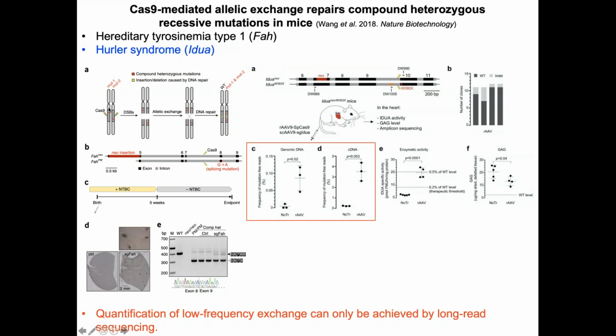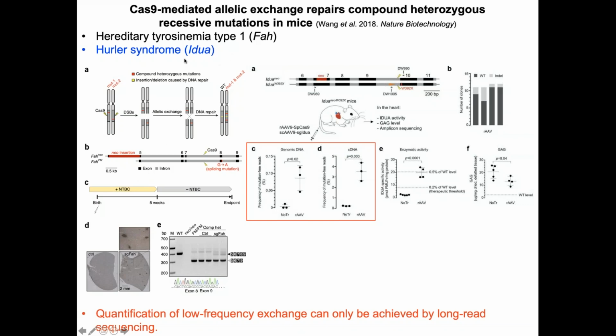But if you have individual mutations, illustrated here, where one is far away from another, the idea is that if you can create a double-strand break between the two different mutations, you can then promote allelic exchange. What you end up with is one gene copy that is fully wild type, while another carries the two mutations. Because recessive mutations require that both copies of the gene be mutated, you effectively rescue the disease phenotype.